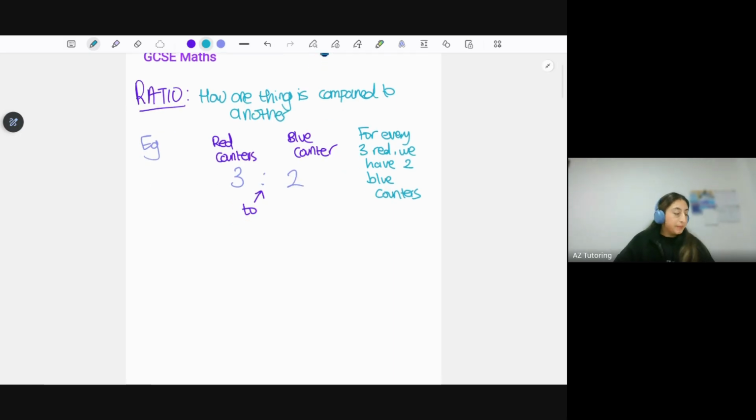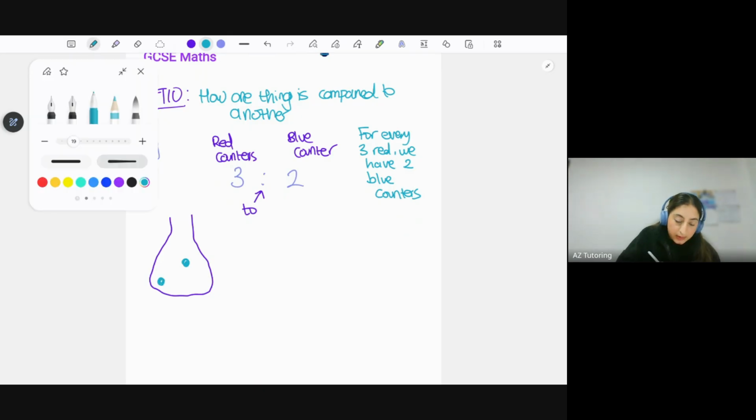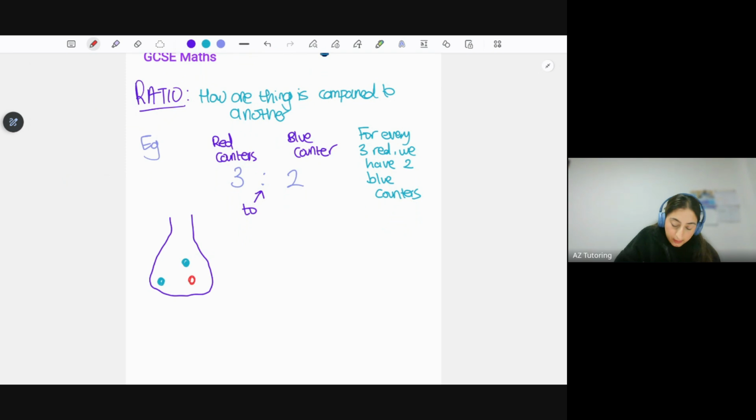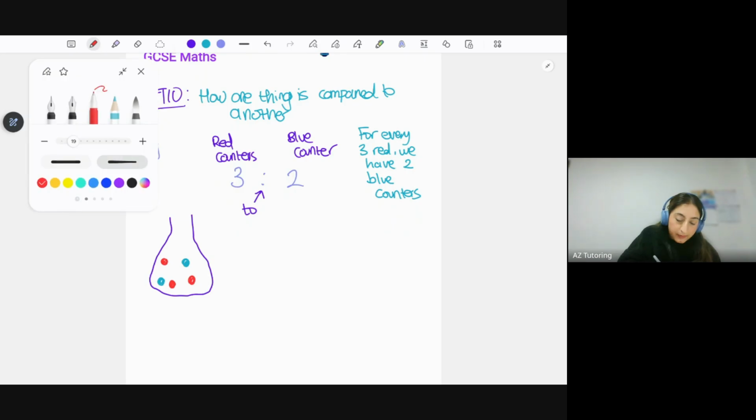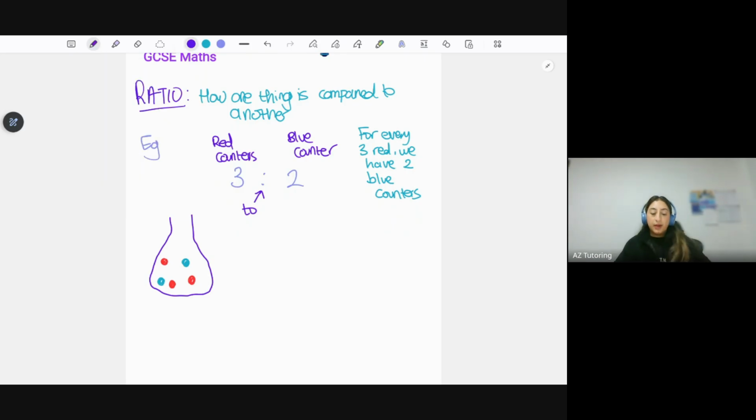So moving on, let's understand what this sort of means. If I do a bit of a drawing, imagine I've got a bag, and in the bag I've got 3 red counters and 2 blue counters.